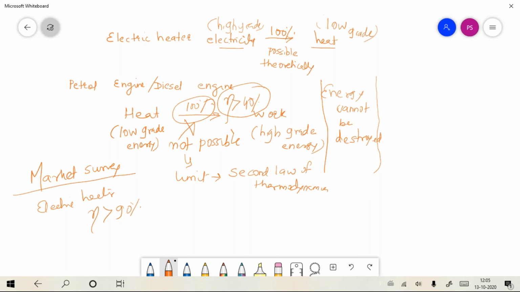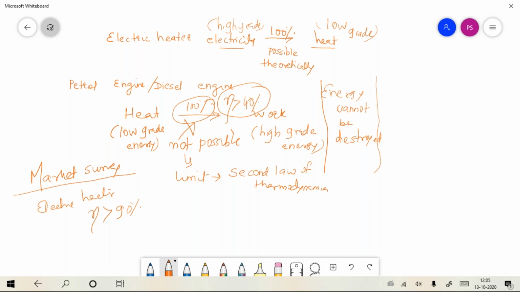So the insights which we get from the first law of thermodynamics, that energy cannot be destroyed, are in no way useful in designing better machines, because in any machine energy is always conserved.